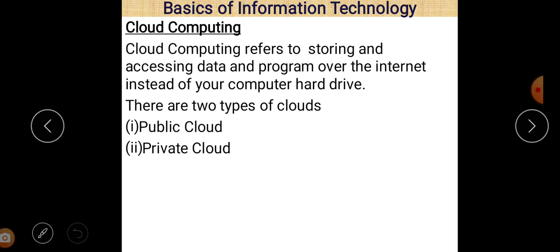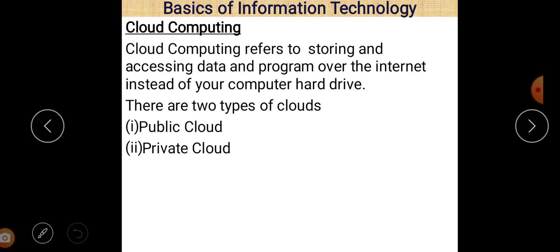So using cloud computing, we have two basic advantages. These advantages are, physical damage is not there when we use cloud computing, because we store our program on the internet.